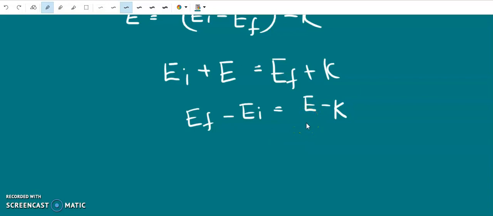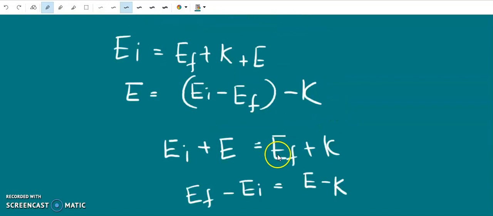So if this recoil energy is negligible, we can write EF minus EI is equal to E. Whenever an atom absorbs a photon, the energy difference between the initial and final atom is equal to the energy of the photon.